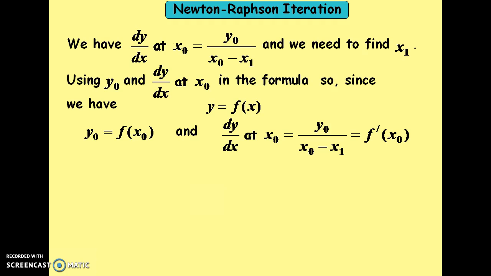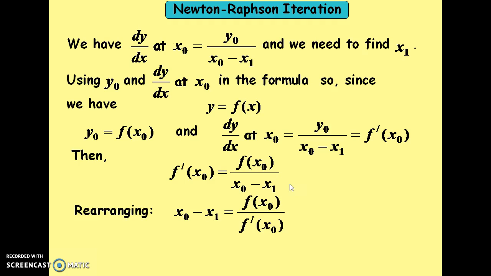This is called f dash of x naught. So f dash x naught equals y naught by x naught minus x1, and replacing y naught with f(x naught), rearranging gives x naught minus x1 equals f(x naught) divided by f dash x naught.